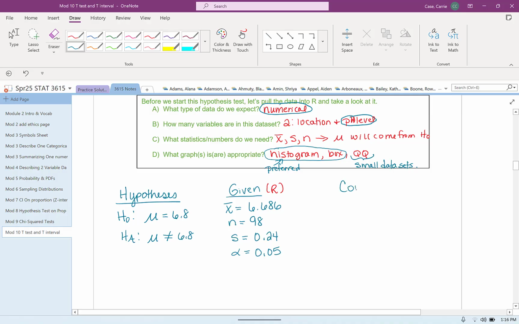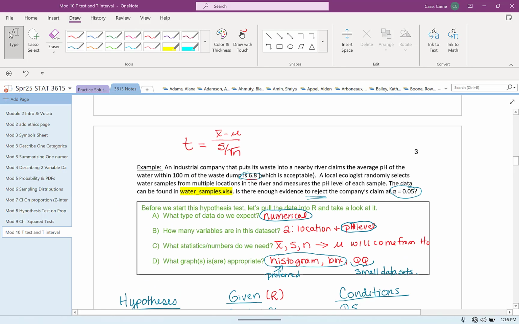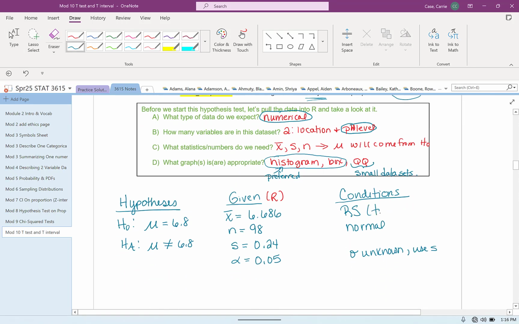And then our conditions that we need to satisfy to do a t-test are random sampling of our one numerical variable, normality, and sigma is unknown, so we use S. And so we are told that they did a random sample, so we're told that, and we know it's numerical data, we already looked at it.